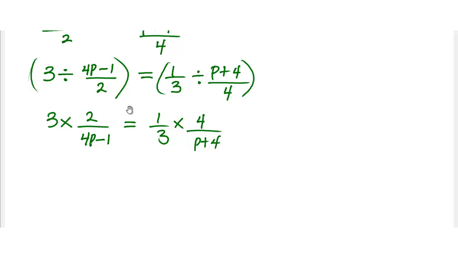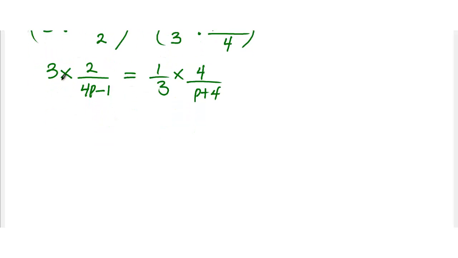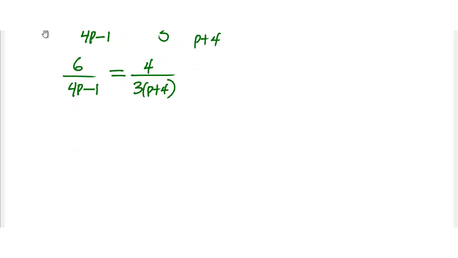So I think the solution has become easier. 3 times 2, that is 6 over 4P minus 1, equal to 1 times 4, that is 4 over 3 into brackets P plus 4. So the next thing we need to do is to cross multiply. If we cross multiply, you're going to be having 4 into bracket 4P minus 1 equal to 6 times 3 into bracket P plus 4.